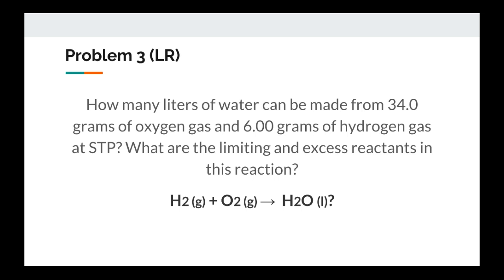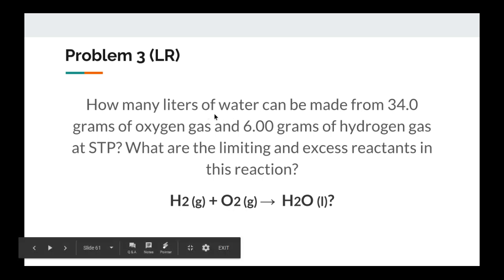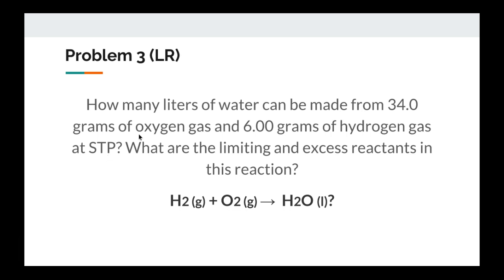And that's the value that you will use to solve for the volume of water at STP. Again, you have two options to get the volume of water from your moles of water. Either you use the 22.4 liters is to 1 mole, or you may use the ideal gas law, PV is equal to nRT, in which you already know the value of the standard T and the standard P.